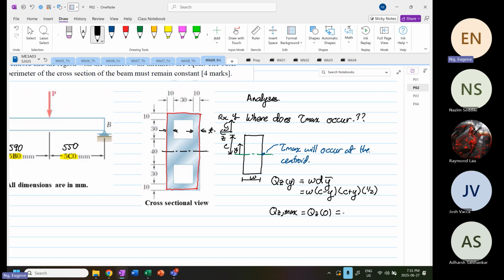So when it's 0, you have omega c squared over 2. Now, for this case, this is valid because the thickness is constant.